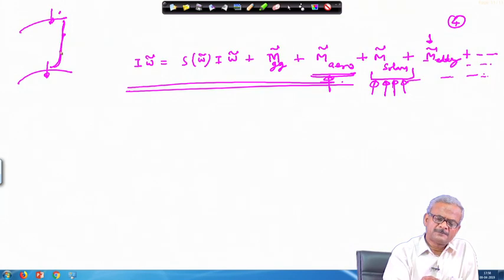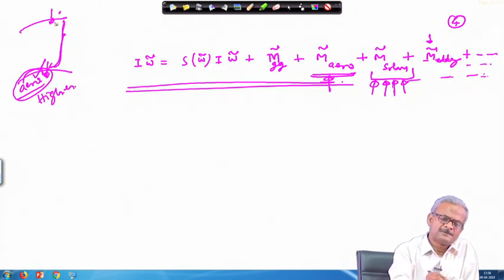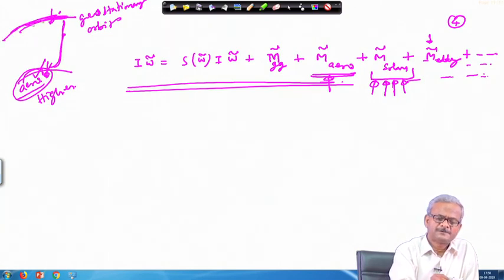It does not matter much, but if you are looking at the aerodynamic torque, it is much higher here in this place as compared to the geostationary orbit. Here there is the geostationary orbit, so the atmosphere is almost nil in this place.